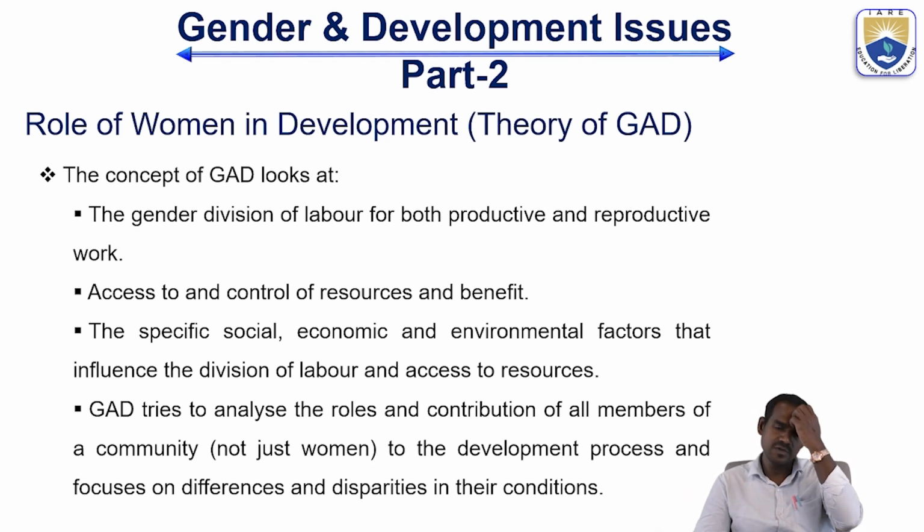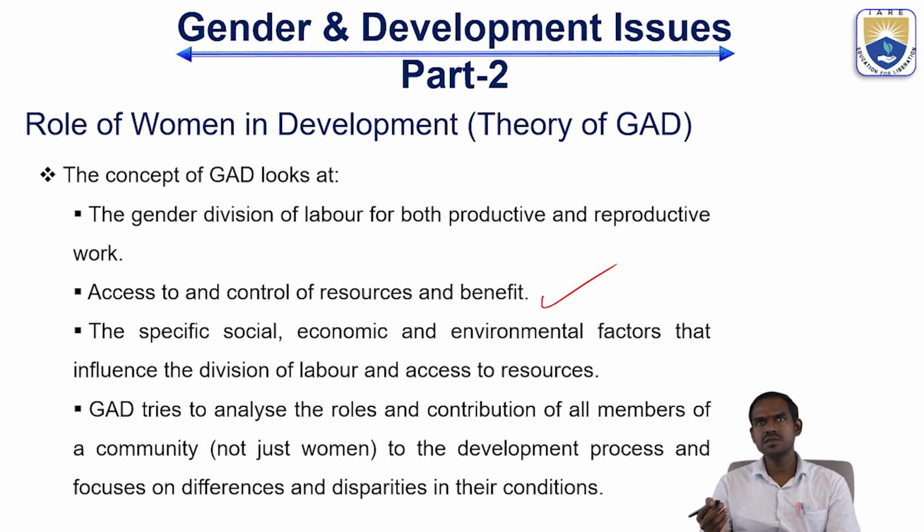The concept of GAD looks at the gender division of labor for both productive and reproductive work, and at access to and control of resources and benefit. Resources should not be misused, so there must be access, and after getting access, there must be control of resources and benefit.